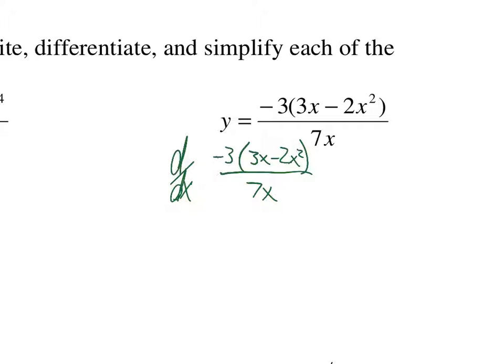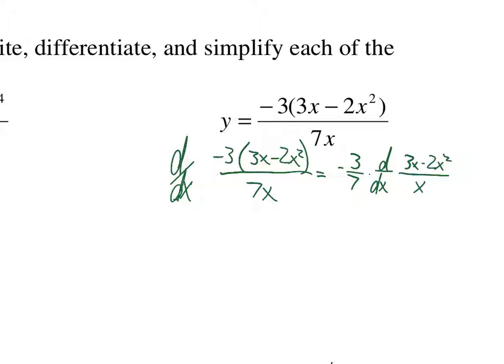Now I can only do this because it's multiplication. I could rewrite this as negative 3/7 times the derivative of 3x minus 2x squared all over x. You guys see that? Initially, you might say I'm going to have to use the quotient rule. You could, but the quotient rule is messy.